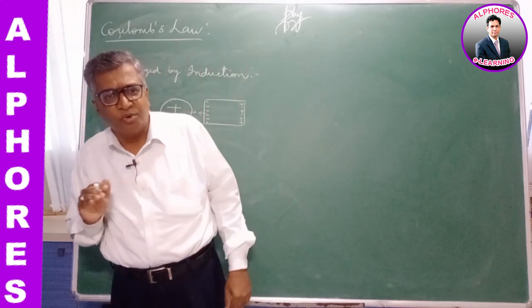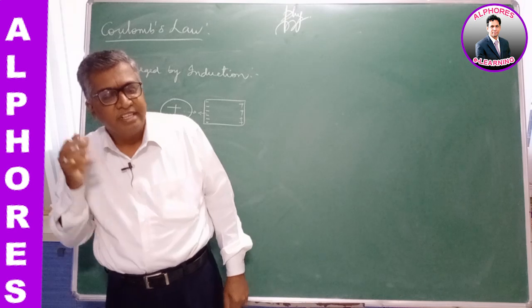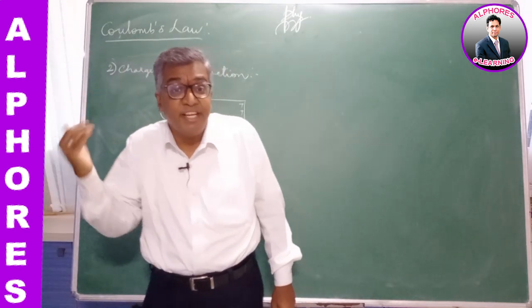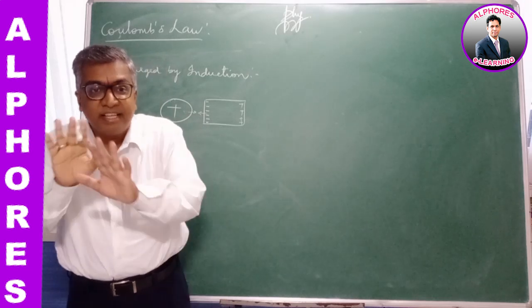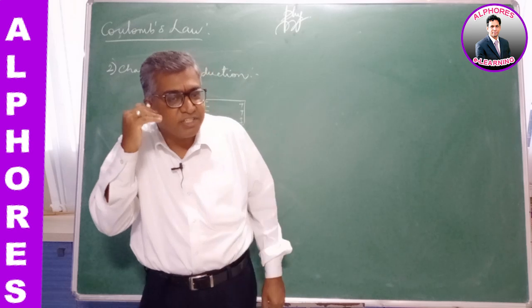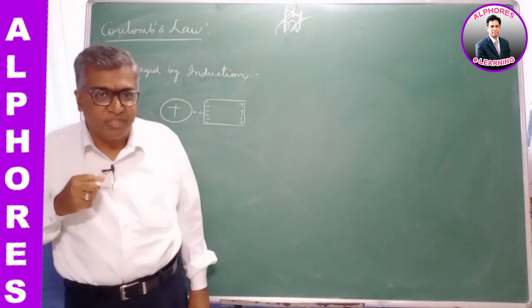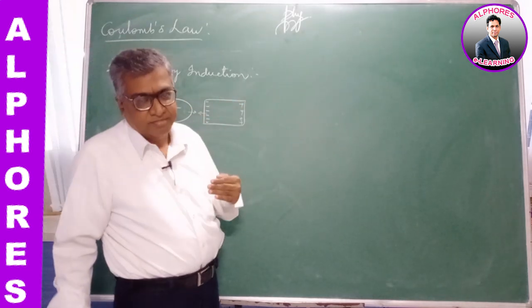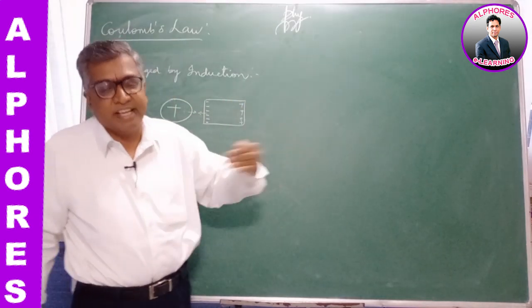When you go very near to it, your hair gets attracted towards it. You are being induced by the charge of the TV screen, which induces charge on you, and your hair gets pulled, attracted. So charging by induction leads to attraction, or induction precedes attraction.